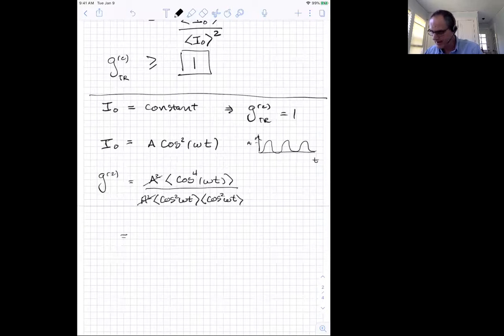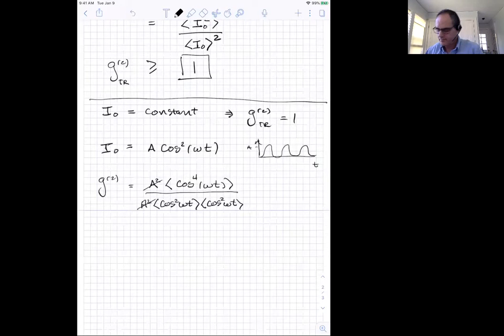Well, this is easy to work out. So this will be the average value of cosine to the fourth omega t divided by the average value of cosine squared omega t, squared.